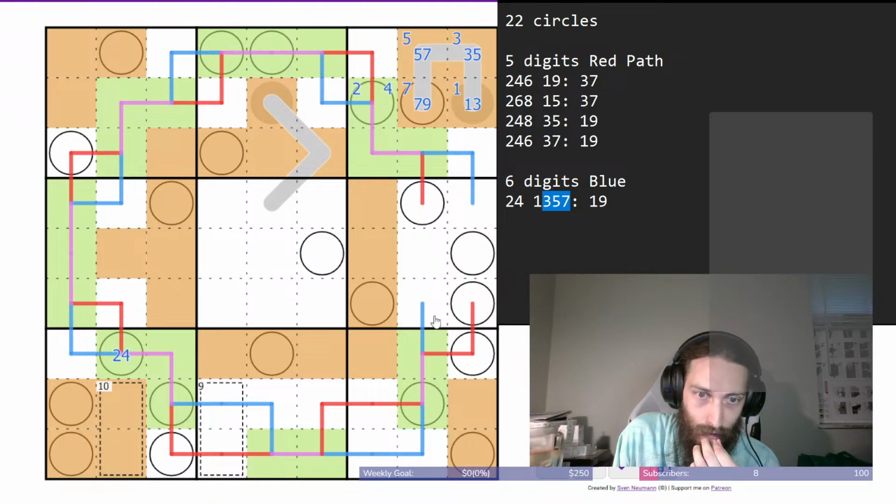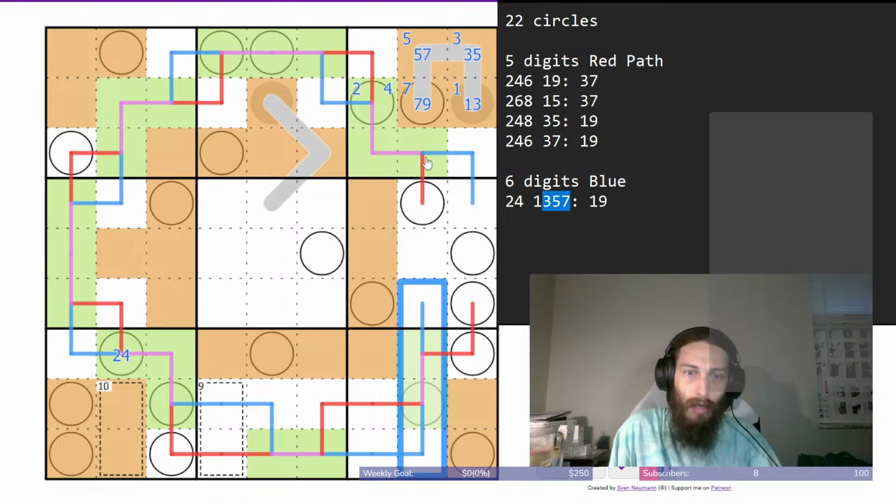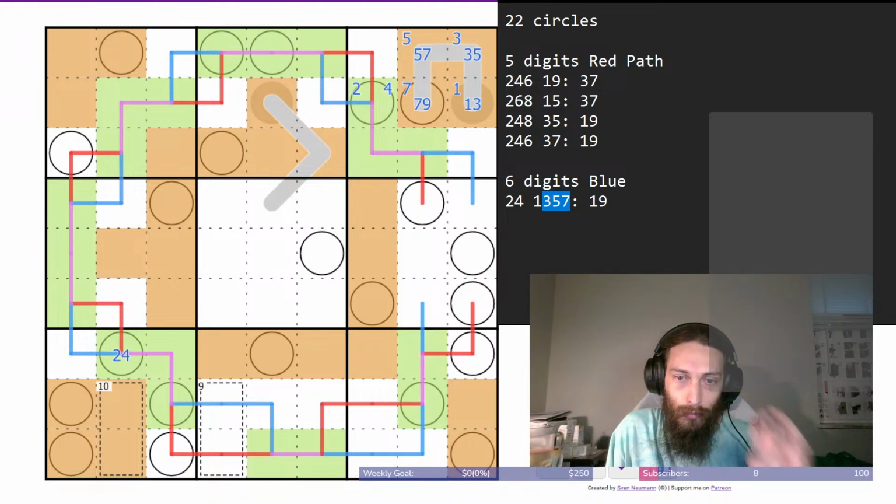So then blue is already... Oh, blue's done. But I have to also do this one. So blue doesn't work.